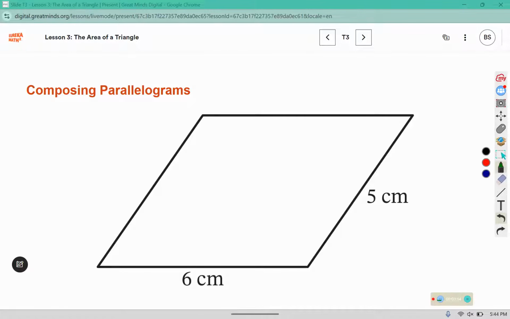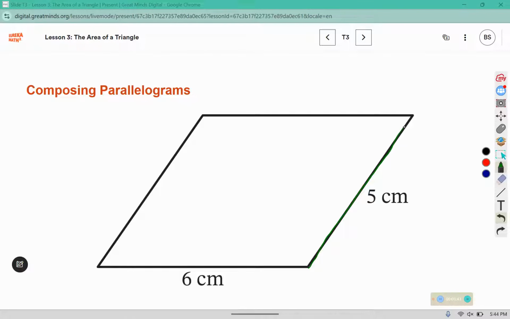Let's start by thinking about the area of this parallelogram. Remember, we discussed in lesson 1 the area of a parallelogram can be found by multiplying the base by the height. Well, I see the base is 6, but the height should be going at a 90-degree angle from the base. 5 is not the height of this parallelogram.